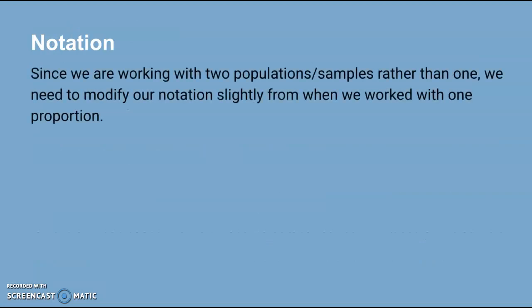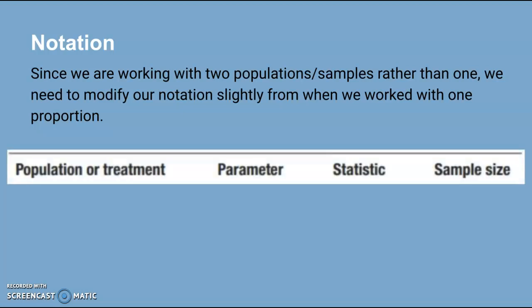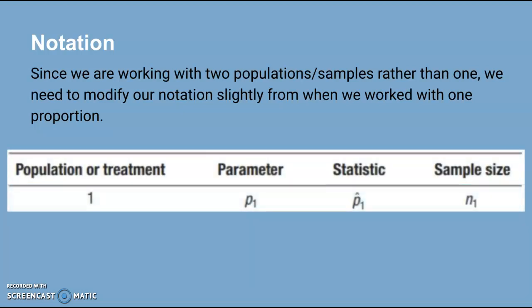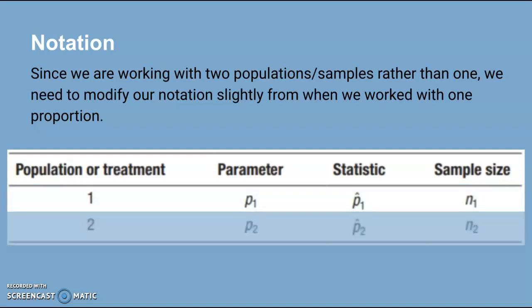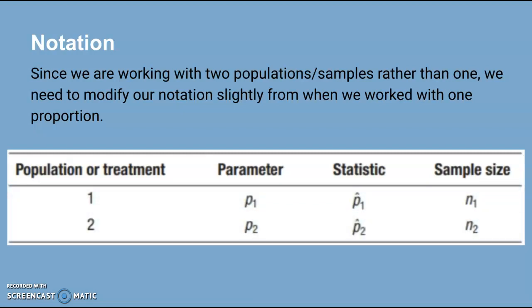Since we are working with two populations or samples rather than one, we need to modify our notation a little bit from what we worked with when we worked with one proportion. So now we've got two separate populations or treatments that we're considering, and we use subscripts to indicate which one we're thinking about when we're writing the parameter p or statistic p hat or the sample size n.